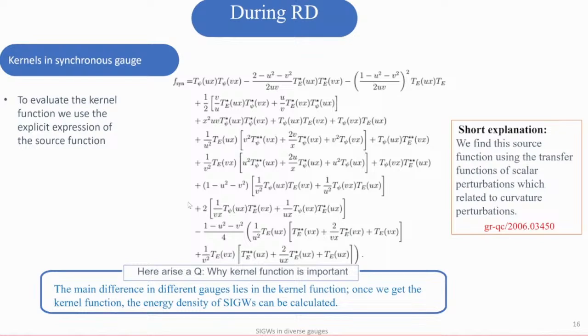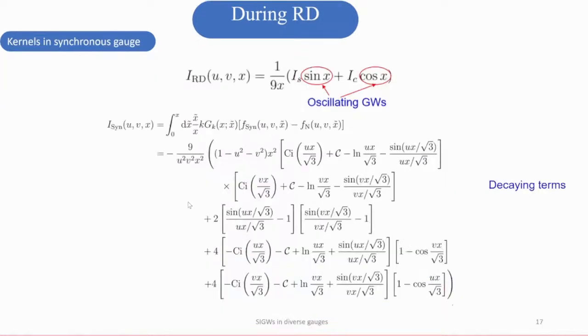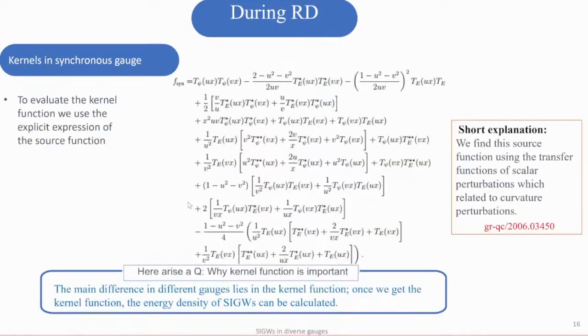Once we get the kernel function, the energy density of the scalar-induced gravitational waves can be calculated. So this is the main importance of finding the kernel function. Yes, please?